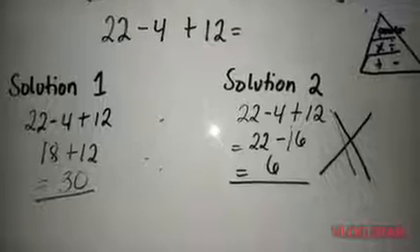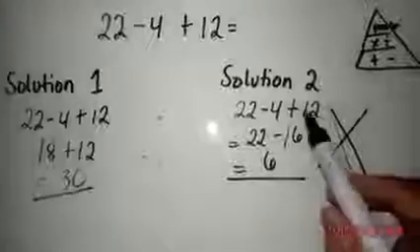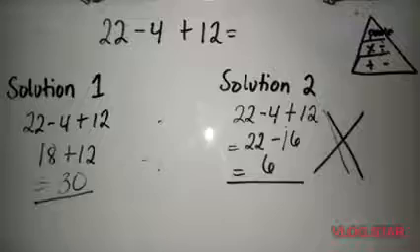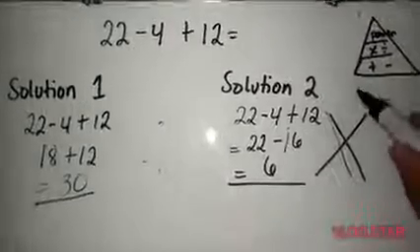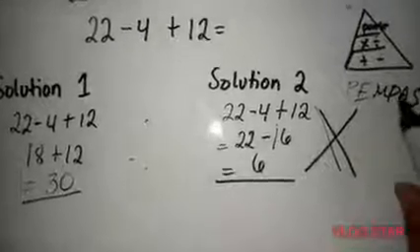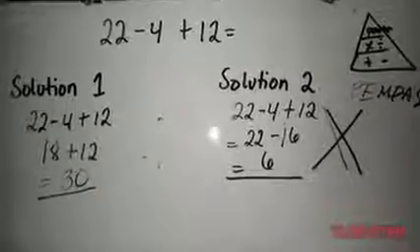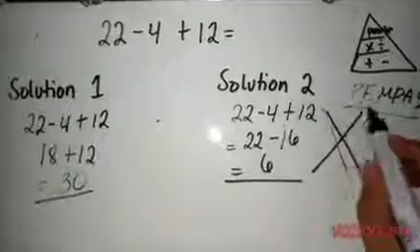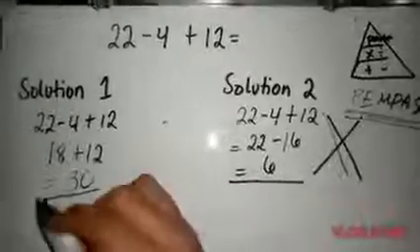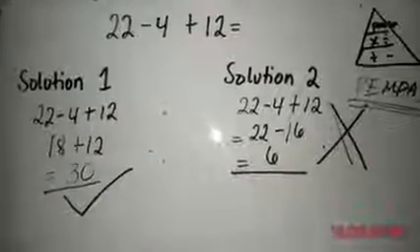Because you literally followed the PEMDAS rule: you add first because in PEMDAS, addition comes first before subtraction. So as I said, do not literally memorize the mnemonics for PEMDAS. So this solution is correct and this one is wrong.